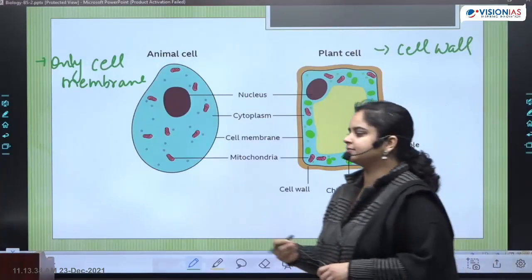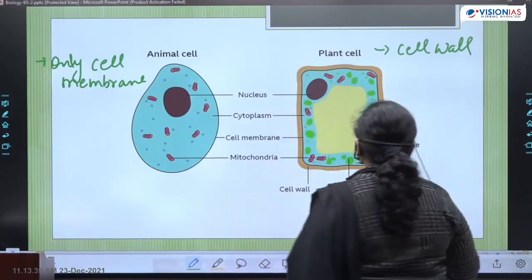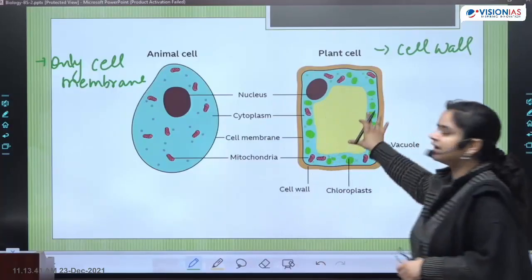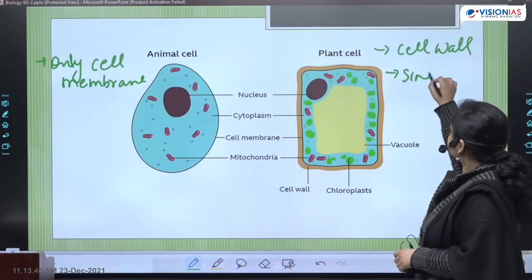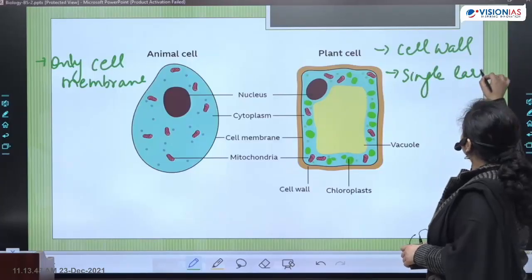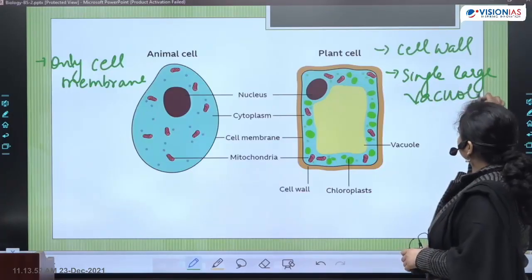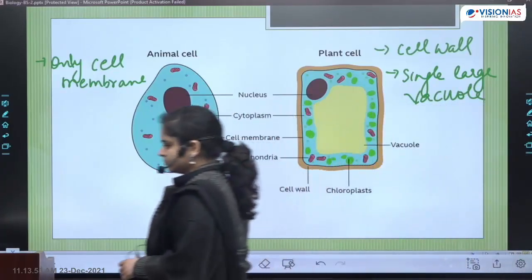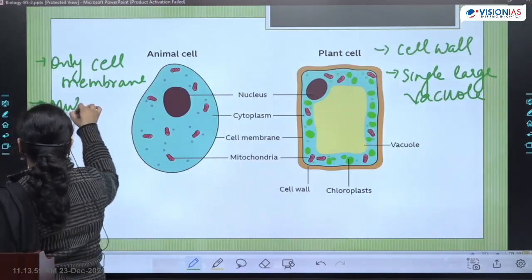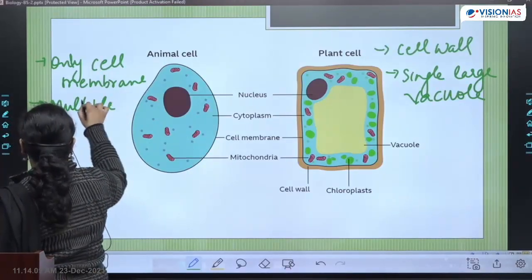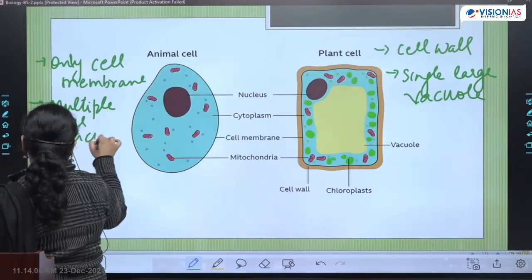Then what else? Vacuole. Okay. So here you can see one single large vacuole, and multiple small vacuoles.